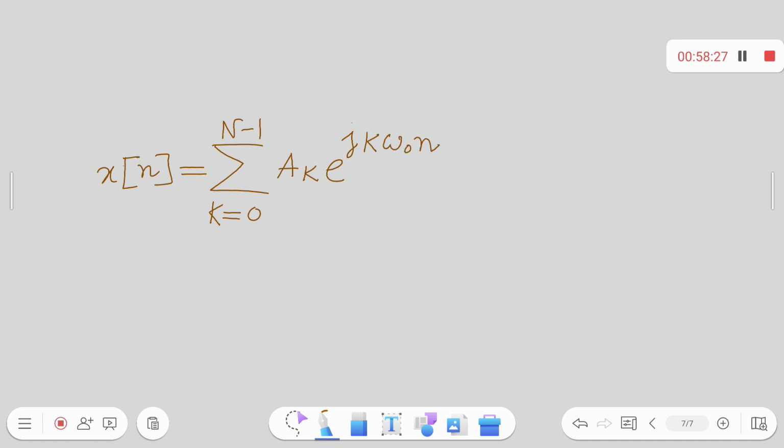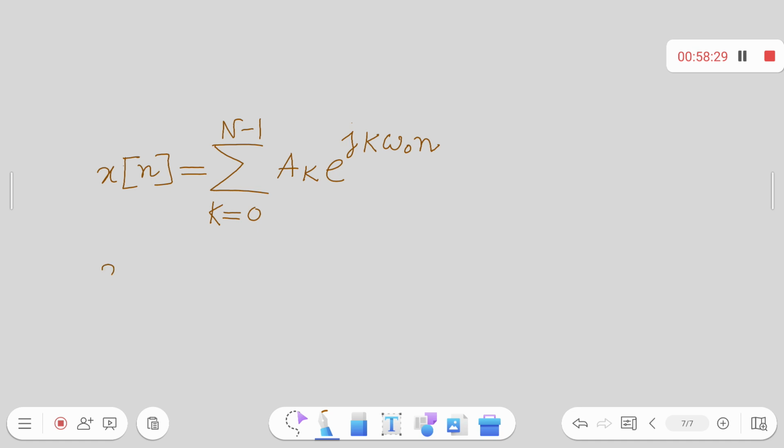So this x of n can be regarded as follows. How many such distinct frequencies can we consider? N number of such, right? So k is typically from 0 to n minus 1, a k e to the power j k omega naught n.